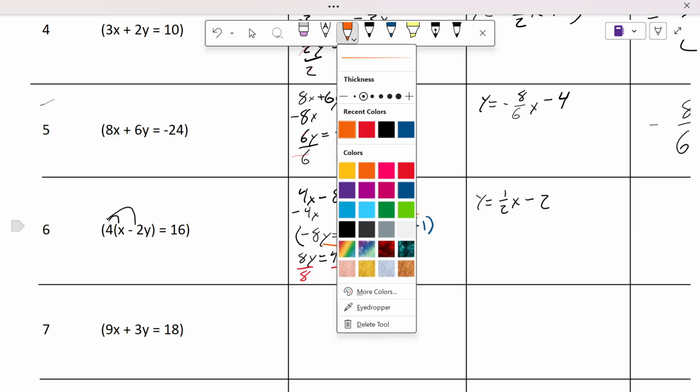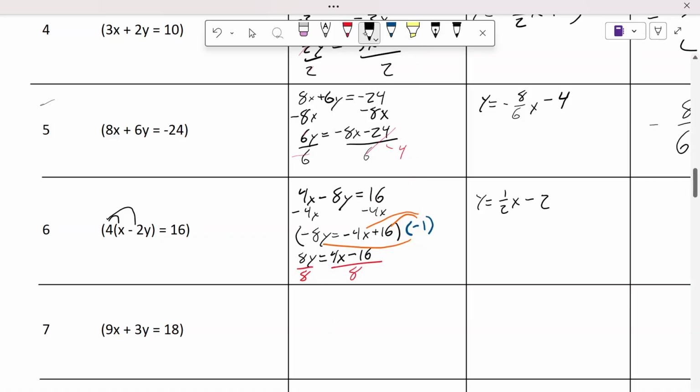What this negative 1 basically does in math is it gets rid of the negative sign, and it makes positive numbers negative. So negative 1 times negative 8y is positive 8y. Negative 1 times negative 4x is 4x. And then negative 1 times positive 16 is negative 16.